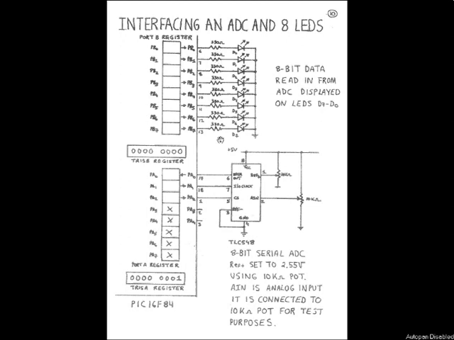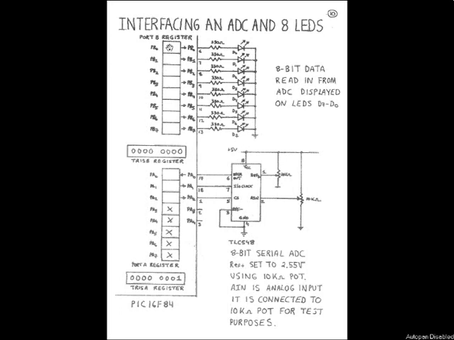They are wired through 330 ohm resistors to 8 LEDs, and the LEDs are connected to ground, of course. So if I send logic 1s and logic 0s into the port B register, they'll come out on pins 6, 7, 8, 9, 10, 11, 12 and 13, and these LEDs, D0, D1, D2, D3, D4, D5, D6 and D7, will turn on and off depending on the logic level in the individual port B register bits.